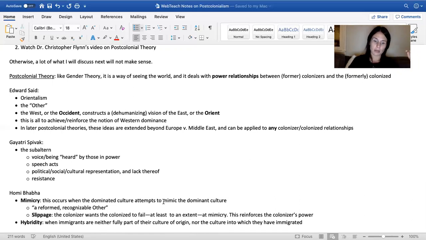They're trying their best to look and act and behave and speak like the members of that dominant Western culture as much as they possibly can, so that they can be somehow correct, somehow doing it right, for lack of a better term.